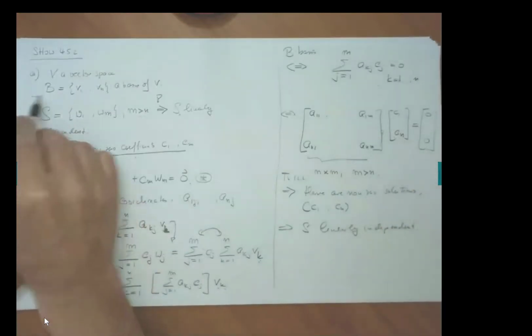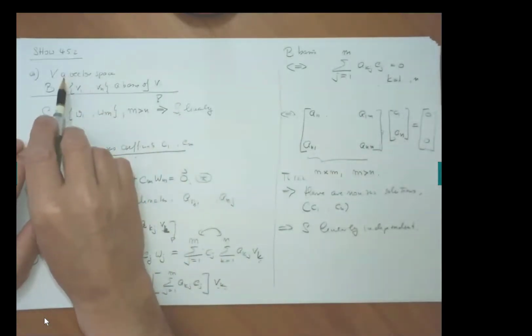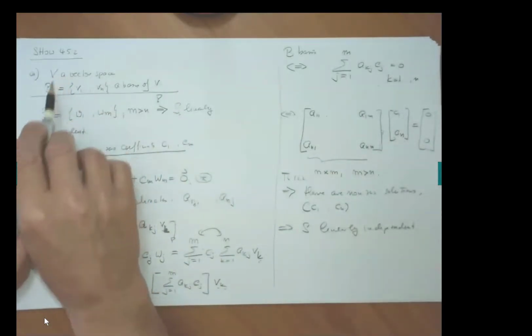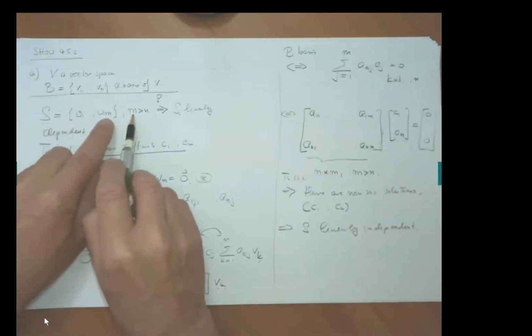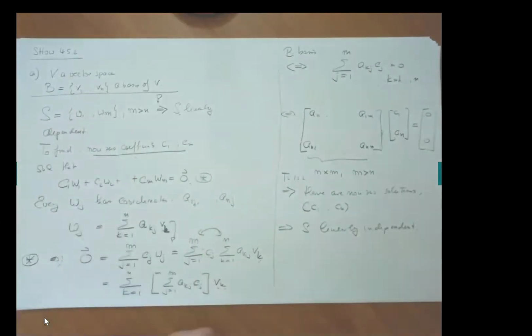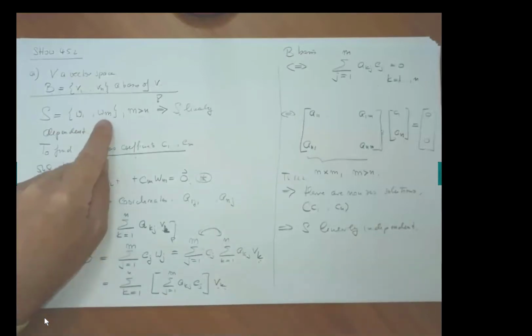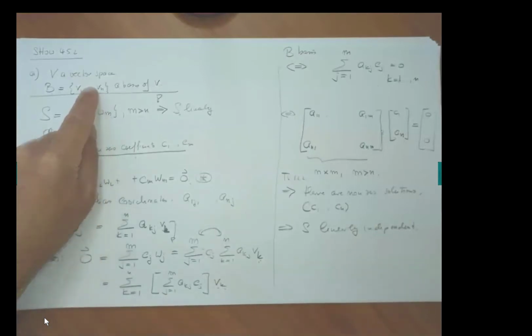Part B, we have the same assumption, V a vector space, B a basis. We start with a set, but this time we have less than n elements, and we have to show it doesn't span the vector space V. Even though we don't really know what V is, it turns out we don't need this because we have a basis.